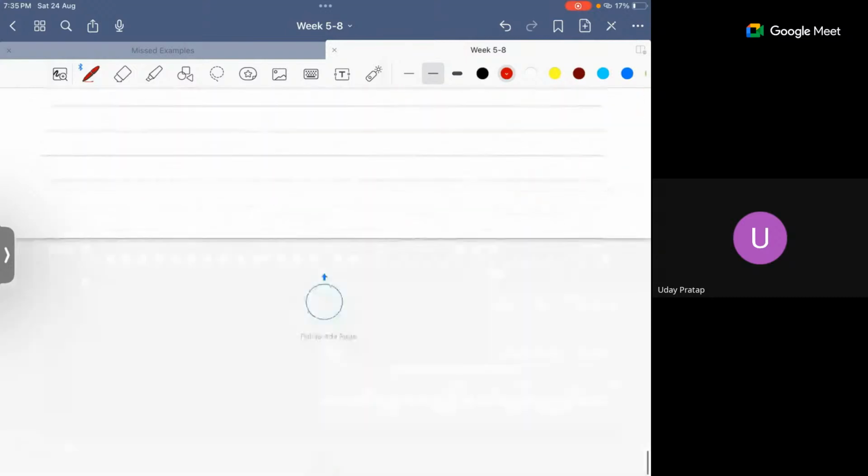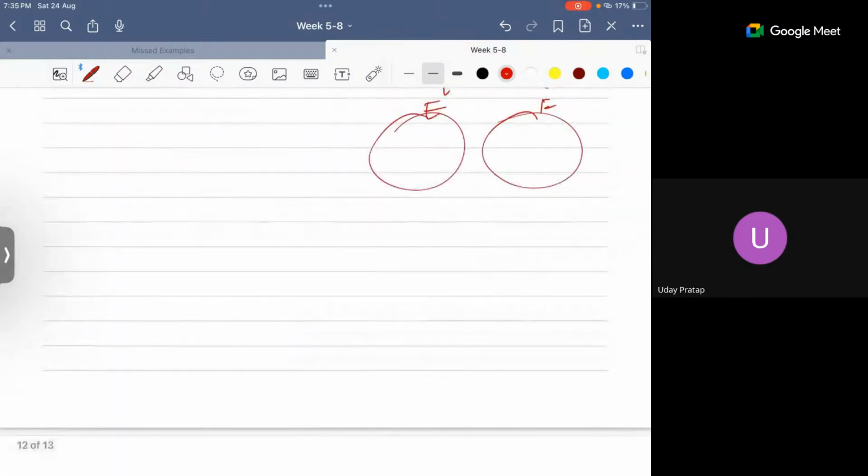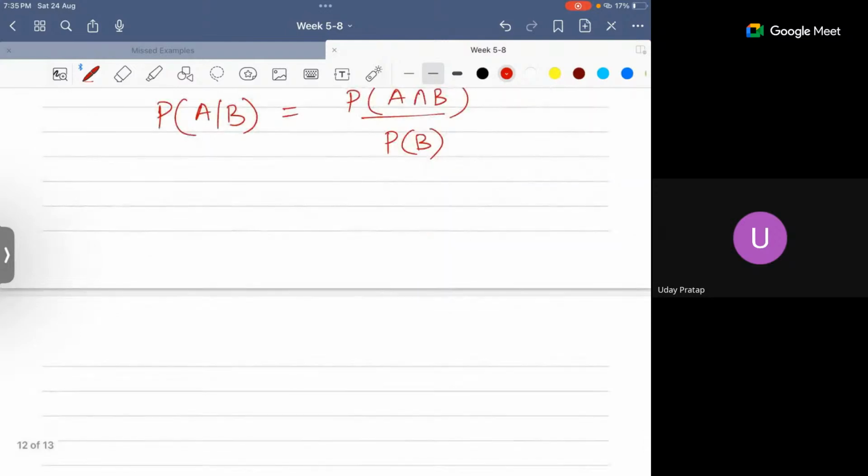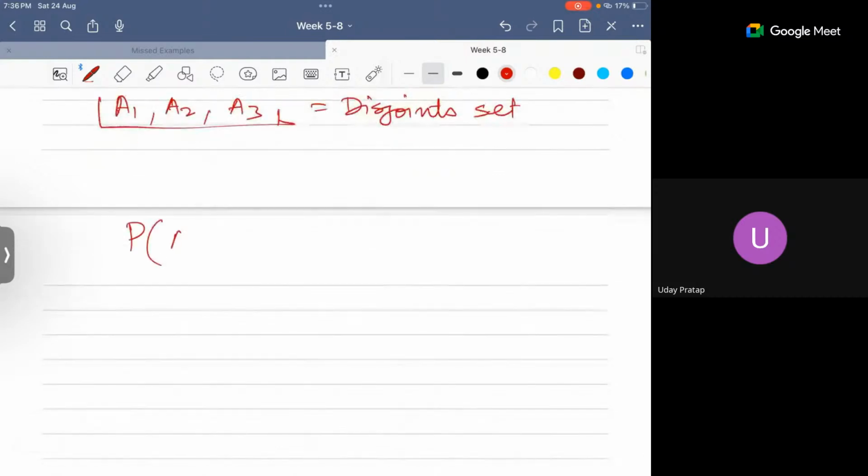So if this is the formula you already have, probability of A given B is probability of A intersection B upon probability of B. If, let's say, A1, A2, A3 are all three disjoint sets, and you are asked to calculate probability of A1 union A2 union A3 given B, what should be the value?